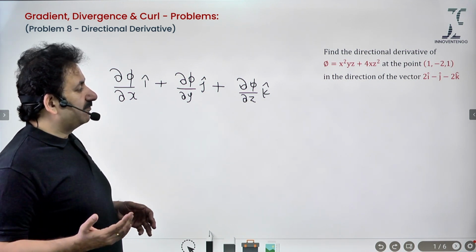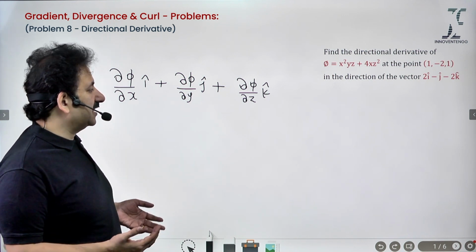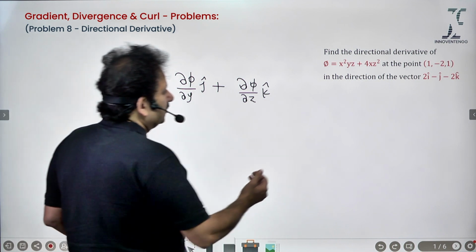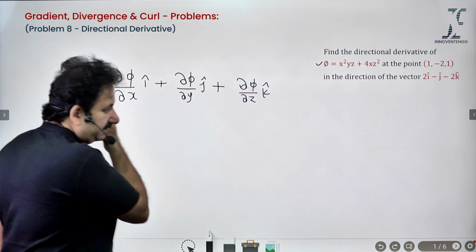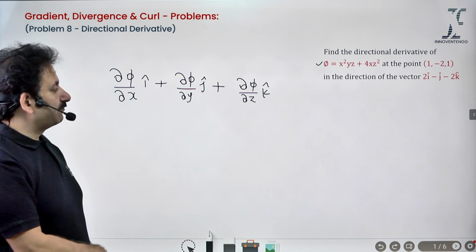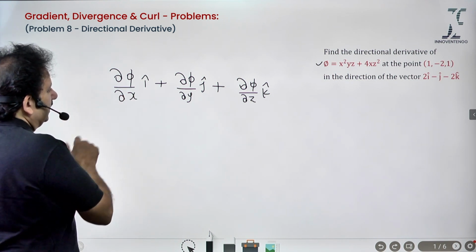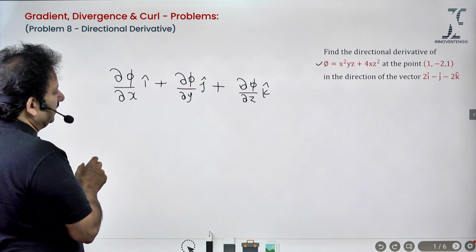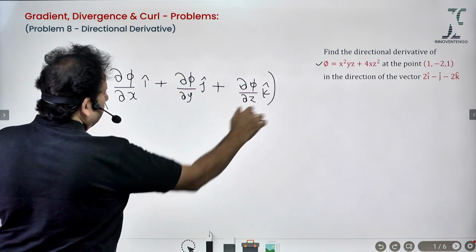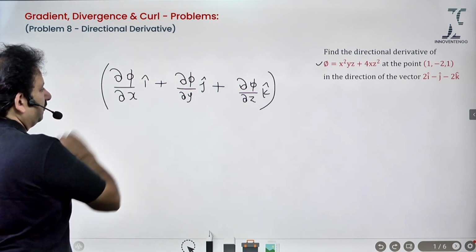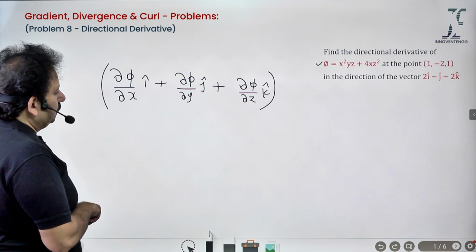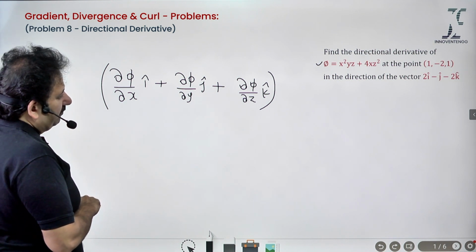So therefore when you take the derivative of that particular potential, you get a vector field. That is, when you are seeking gradient from a scalar field, you are actually migrating to a vector field. So that is why it is the potential derivative which is the gradient, and that gives you the direction of greatest variation of phi and also the magnitude. So now how do you go about finding it?